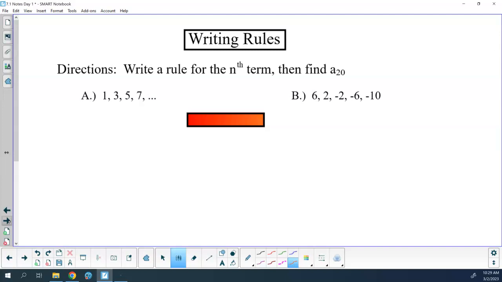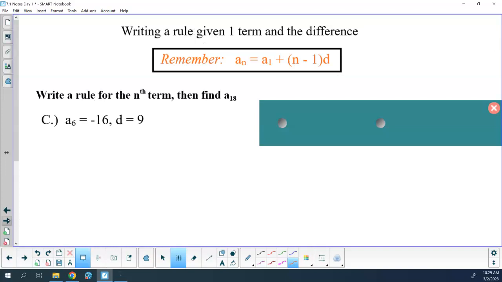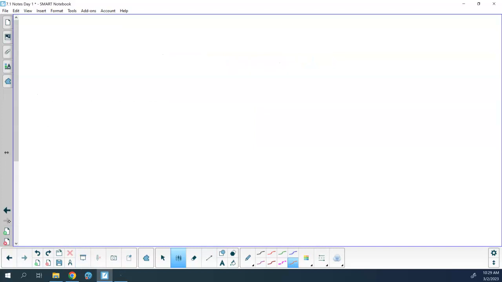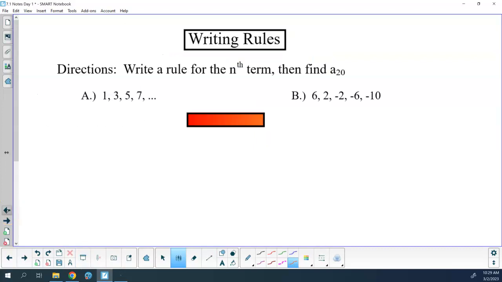The next style is you're going to be given a specific term and the common difference. And the third style I might have saved for tomorrow. Yep, I did save it for tomorrow. The third style is you're going to be given 2 terms somewhere in the sequence. So 3 different styles of problems that you can, when I'm asking you to come up with the rule, come up with the pattern, etc.